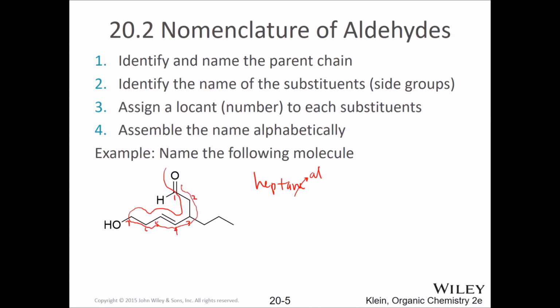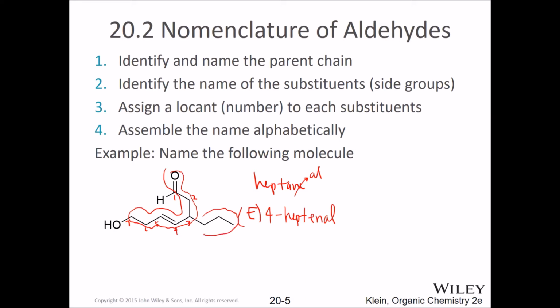I got more to do here. Okay, let's name that alkene at number 4, so it's going to be 4-heptenal, and I'm going to have to name if it's Z or E. I can see that it's E, so it's E-4-heptenal.